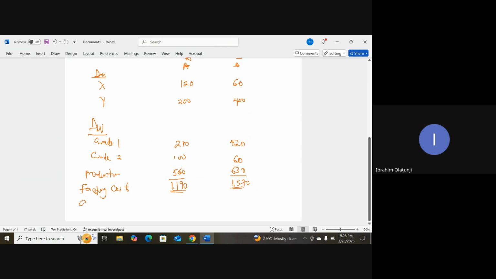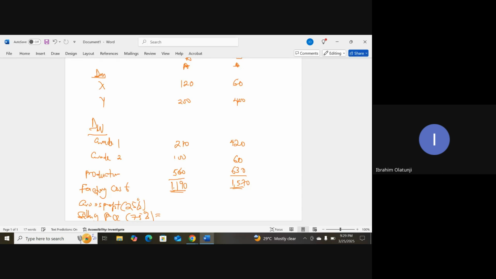So let's see the simple analysis. If I want to get my gross profit, it will be 25%. Then selling price will be 75%.